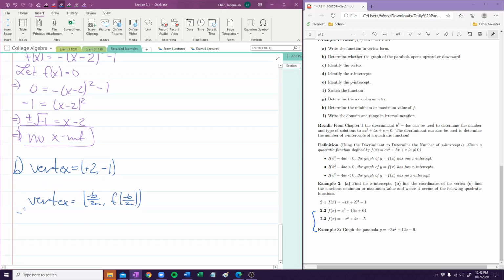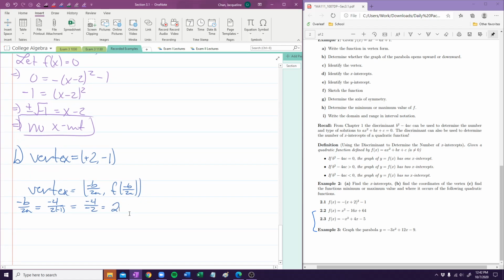So negative b over 2a, we know that to be negative 4 over 2 times negative 1. So this is negative 4 over negative 2, and this is positive 2. And then f of negative b over 2a is f of 2. Wherever I see an x in my original function, I'm going to plug in a 2.